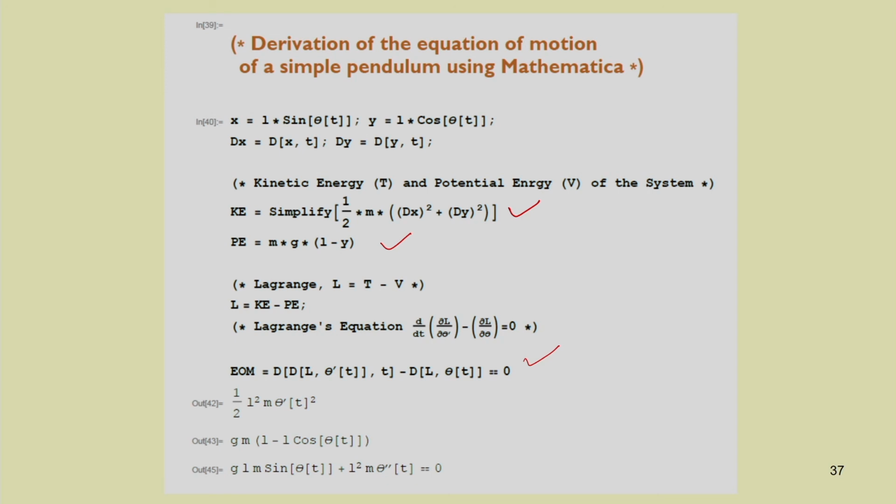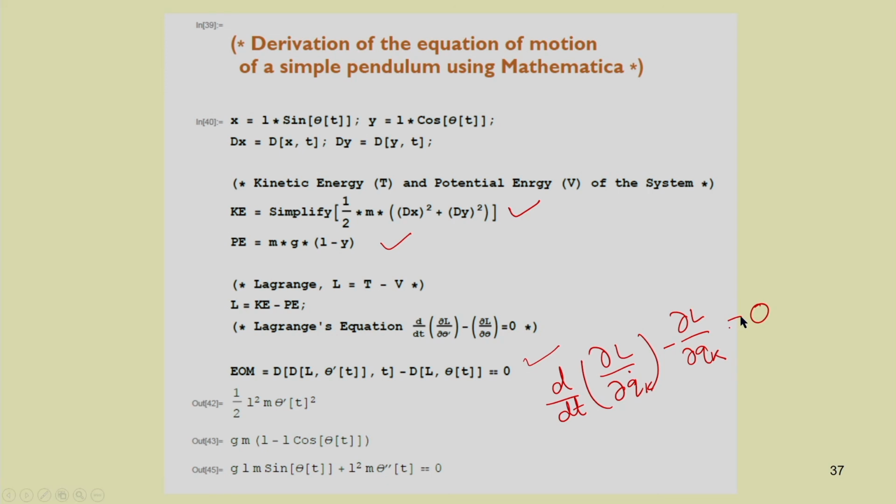So, you know the equation of motion using Lagrange principle: d by dt of del L by del q k dot minus del L by del q k equal to 0.